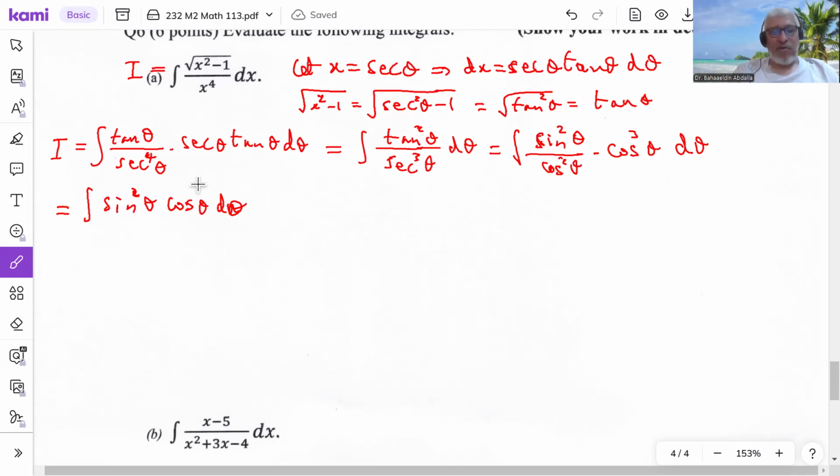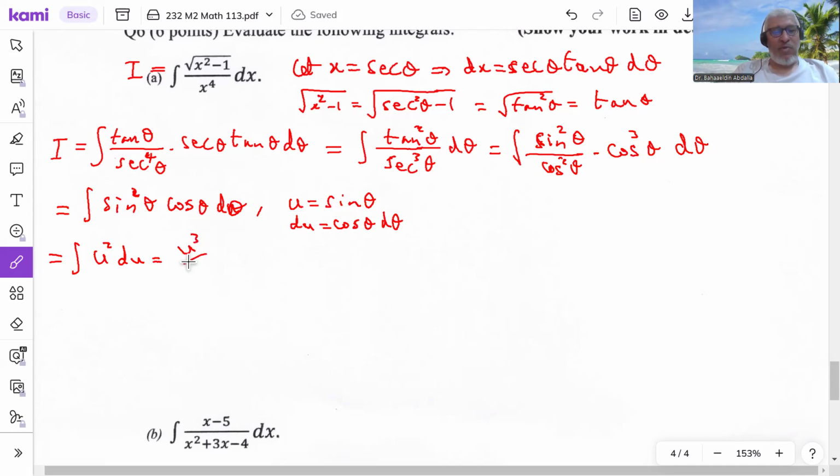And since I have cosine to the power 1, I immediately take u as sine theta. So du would be cosine theta d theta. And this integral would be the integral of u squared, because sine is u, and cosine theta d theta is du.